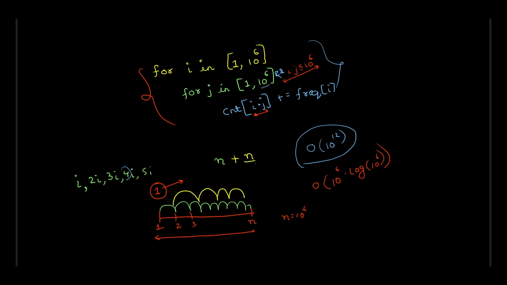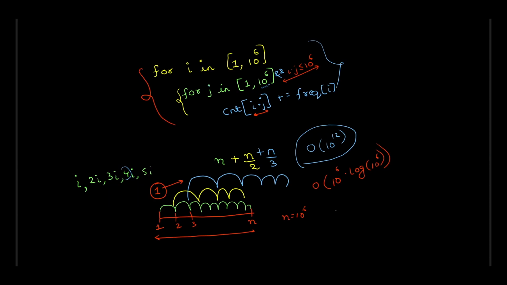So you will only traverse the second loop n by 2 times in the case for I equal to 2. But for 3, you will only mark elements in jumps of 3, so you will only traverse that second loop n by 3 times. Same for 4 as well.